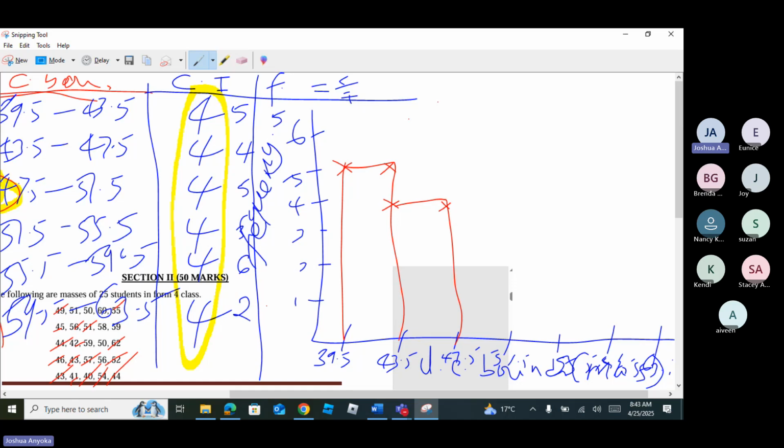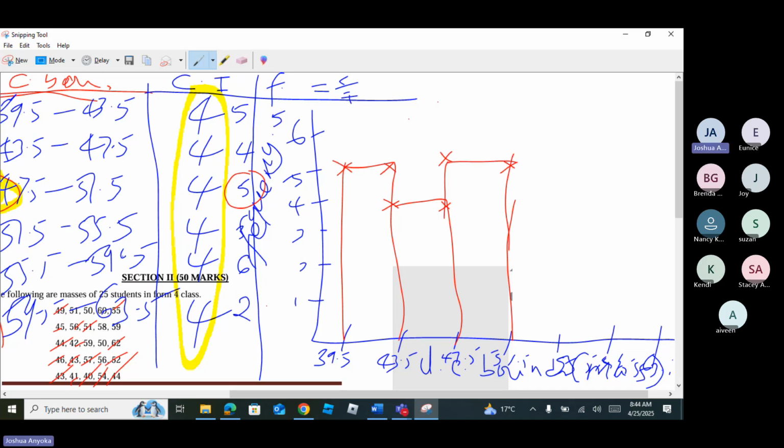Next is 51.5, 4. We have this bar. Not 4, it is 5, sorry. This one has a frequency of 5.